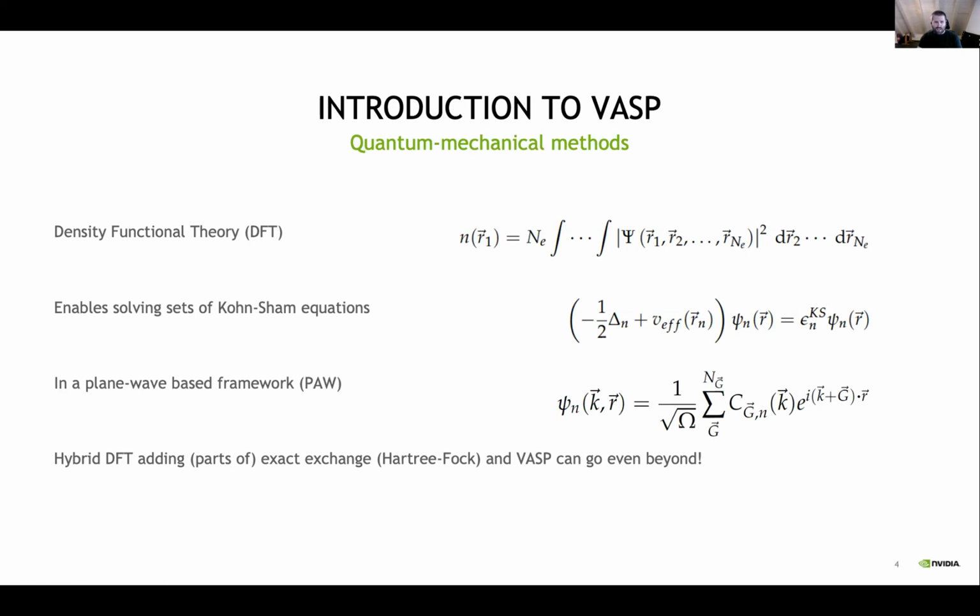And it can do hybrid DFT as well, which is adding exact exchange, which is basically what Phil mentioned as the NLXC parts. And VASP can even go beyond that. So if you have some computation that needs more accuracy or you really care about the unoccupied bands, you can do that in VASP as well.